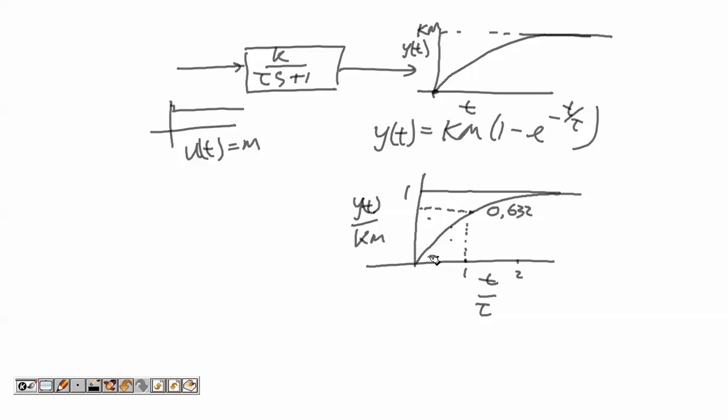So from this graph we can find the tau value. At t over tau equal to 1, t is tau. So here we find the tau parameter of the first order system.